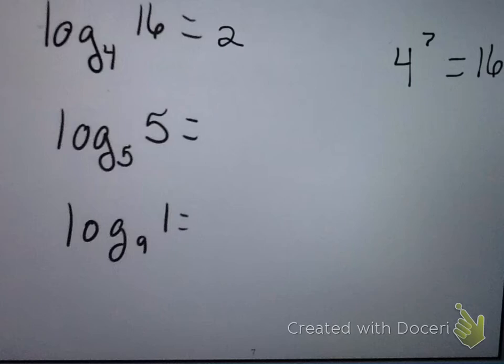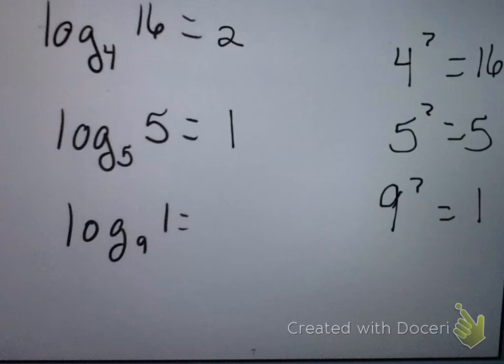The second one, 5 to what power gives you 5? 5 to the 1 power, so log base 5 of 5 is 1. And log base 9 of 1, so that's 9 to what power gives you 1? Anything to the 0 power is 1, so log base 9 of 1 is 0.